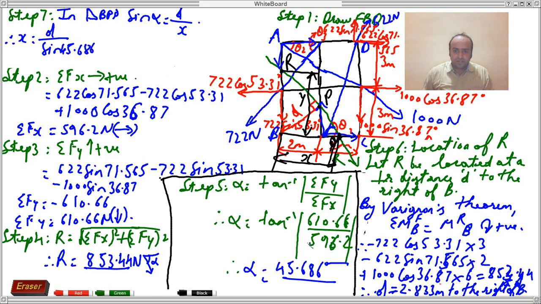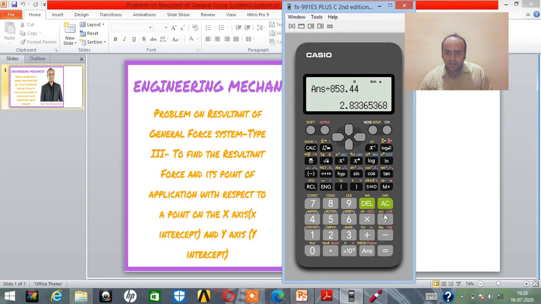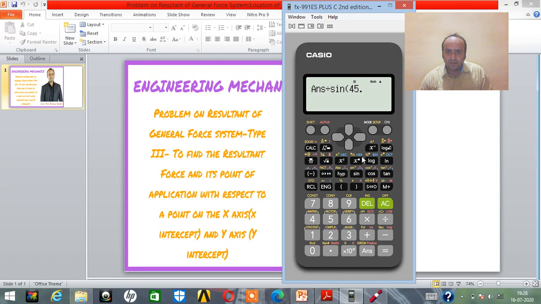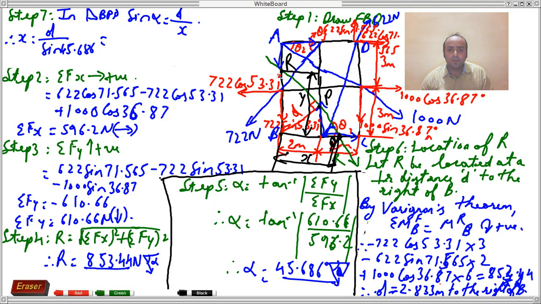D is already there, divided by sine of 45.686. Okay, 3.96 meter is the answer. So X is equal to 3.96 meter.